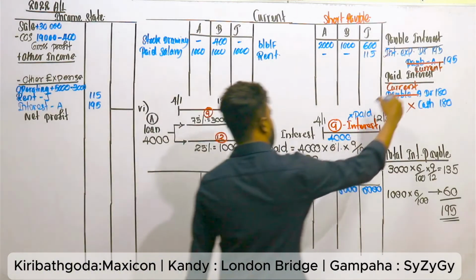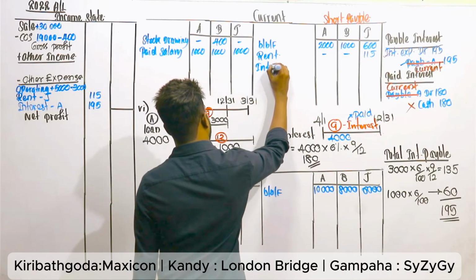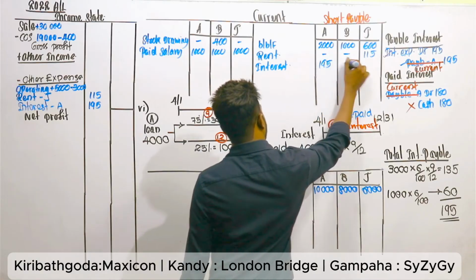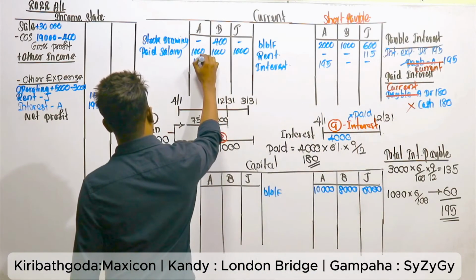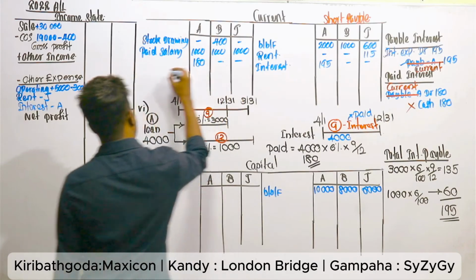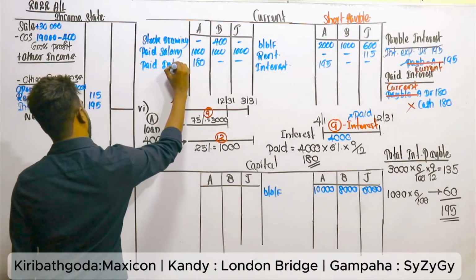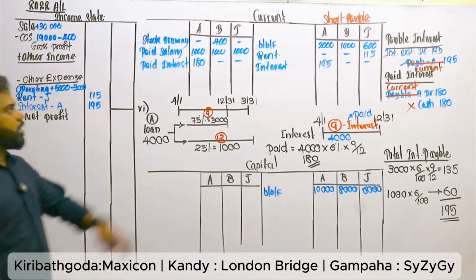Interest payable to current account. Cash account no need to record, the paid one is debited to current account. That's all.